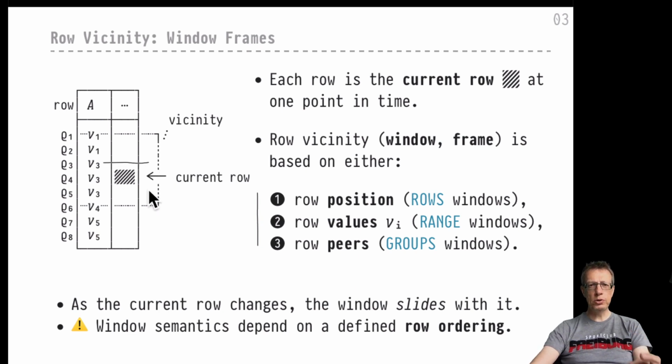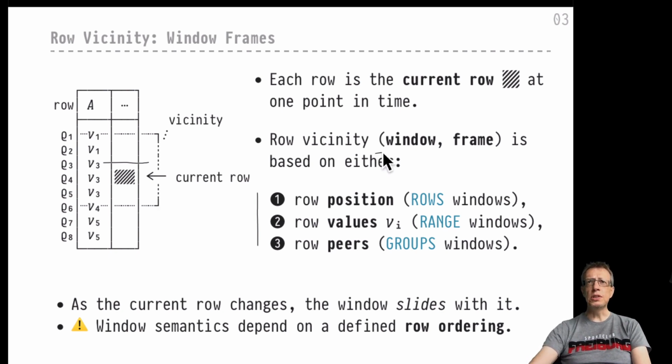There must be some ordering criterion that really orders the rows in the table so that it makes sense to talk about rows that are distinct from the current row, that are close to the current row and thus belong to the vicinity. Almost all of the examples that you will see will talk about a well-defined row ordering. If this row ordering is absent, then the vicinity will be non-deterministic and arbitrary. So we will always talk about a well-defined row ordering when it comes to such row vicinity.